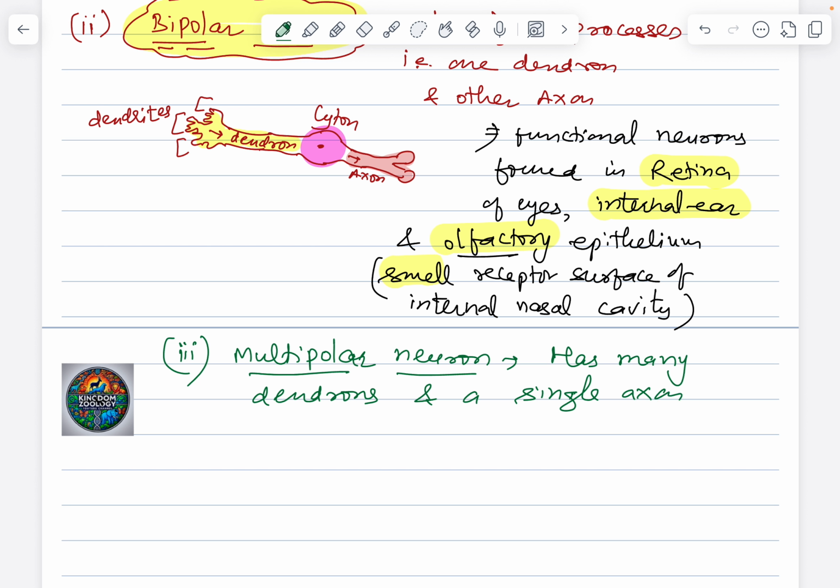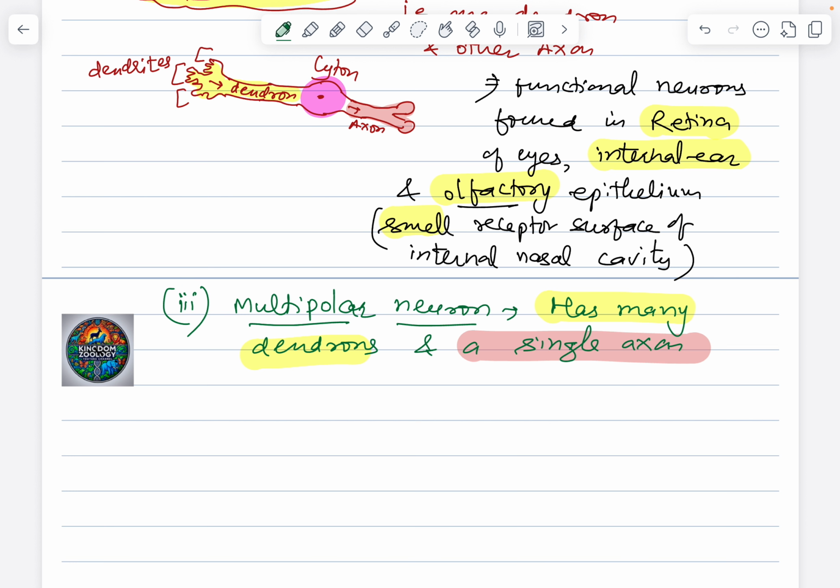But then the reality is that there are many processes, that is why what do we call it? Multipolar. But out of those many processes, who are actually many in number? Dendron, because axon is always single in all neurons. So if I draw the structure, that is what we had done earlier also. These are all the dendrites joining to form various dendrons like this.